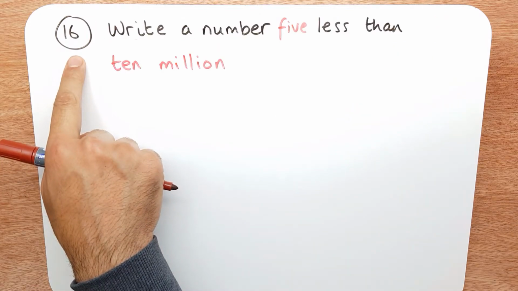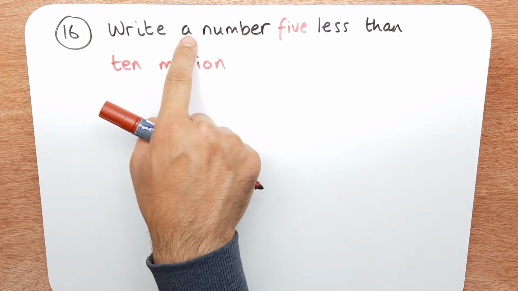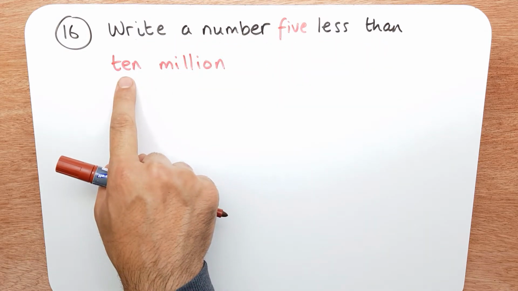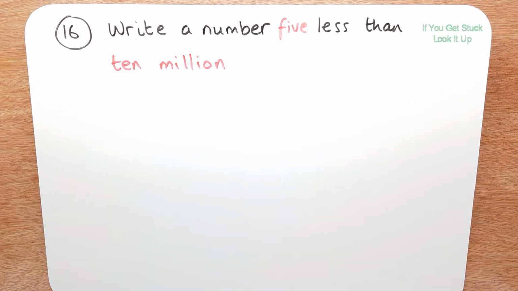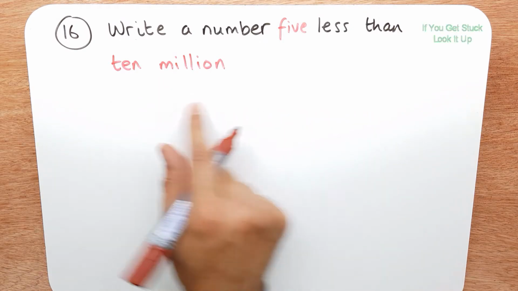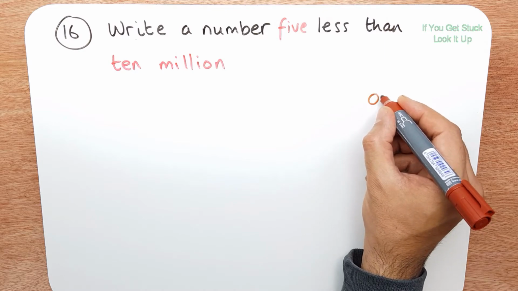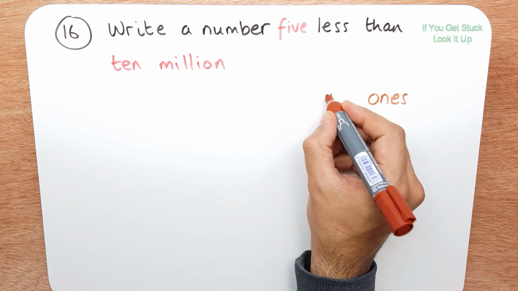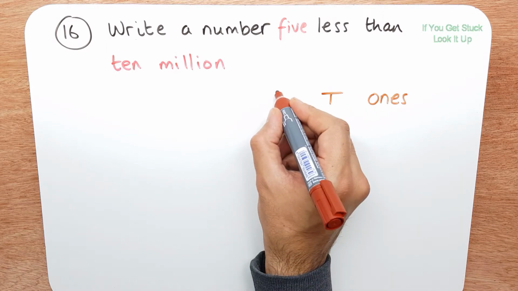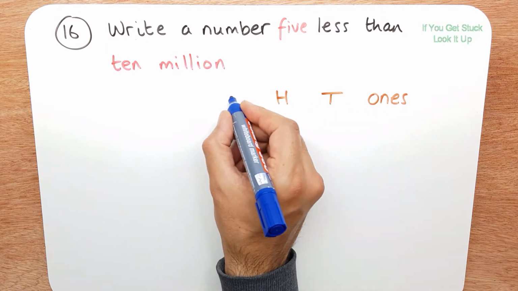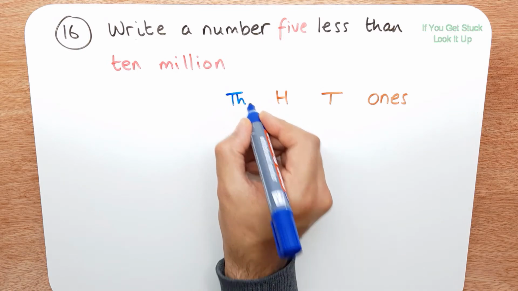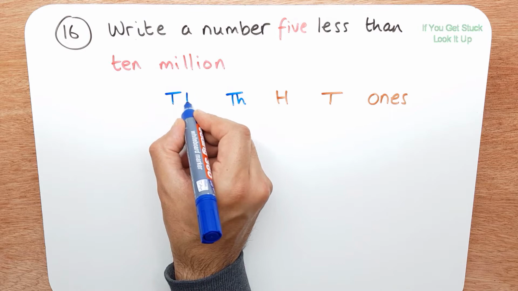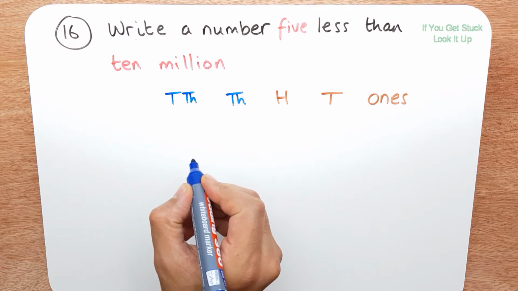Question 16, we've been asked to write a number 5 less than 10 million. So let's write the columns here. So you have the ones, you have the tens, you have the hundreds. Then you have the thousands column and the tens of thousands column.